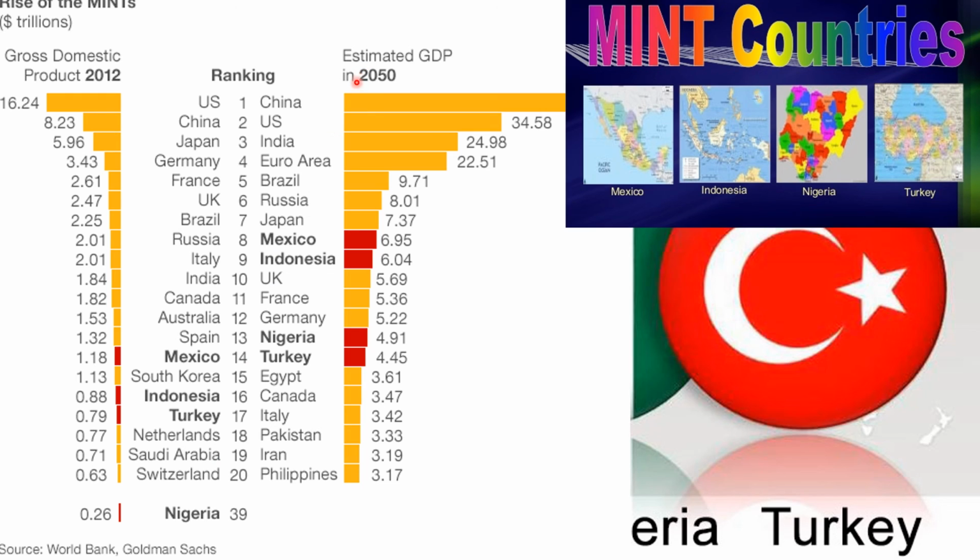Why they're so important is that in terms of estimated GDP by 2050, all these countries will have moved into the top 15. So there is a second wave of countries behind Brazil, Russia, India, China that are going to become increasingly important for the global economy. So we've got the BRICS and the MINT countries.